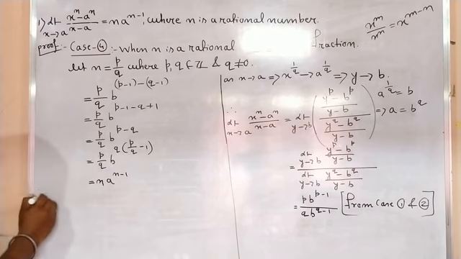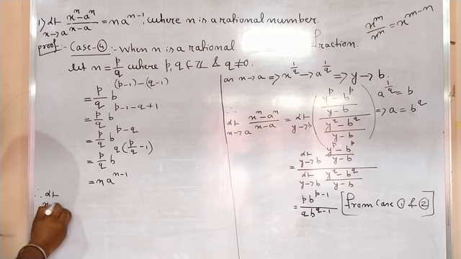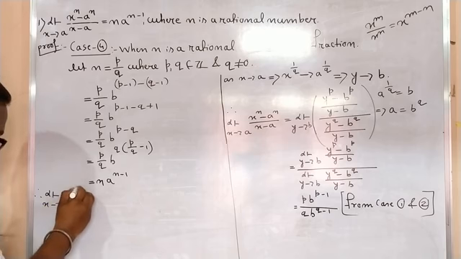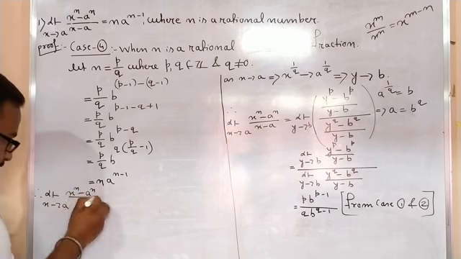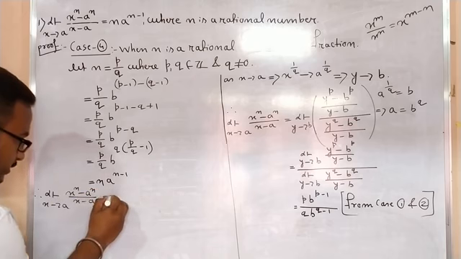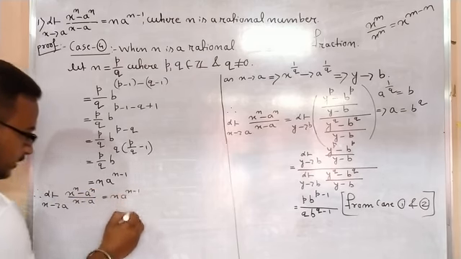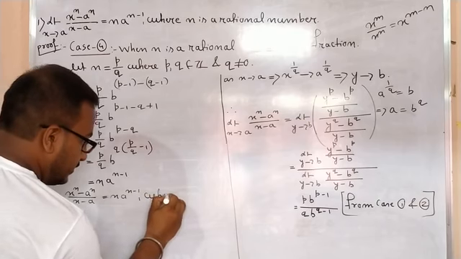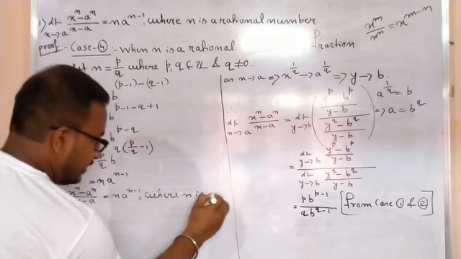So therefore, limit x tends to a, x to the power n minus a to the power n by x minus a equals n a to the power n minus 1, where n is a rational fraction.